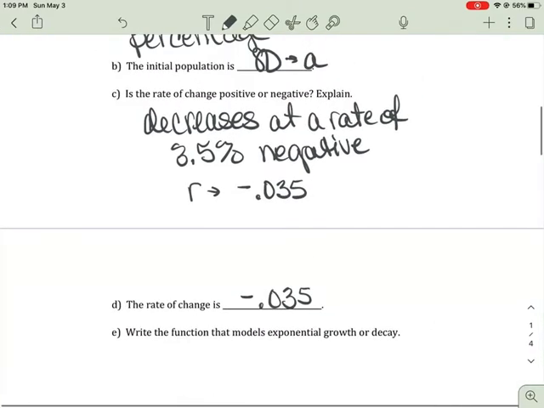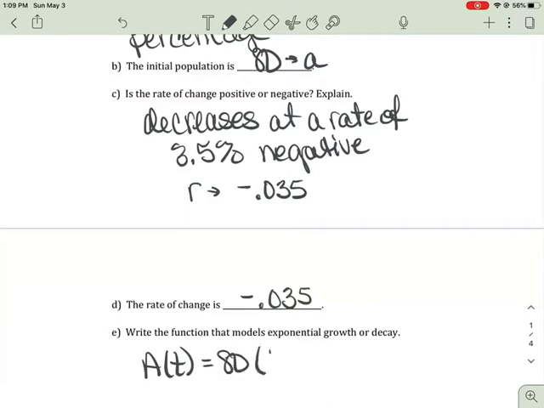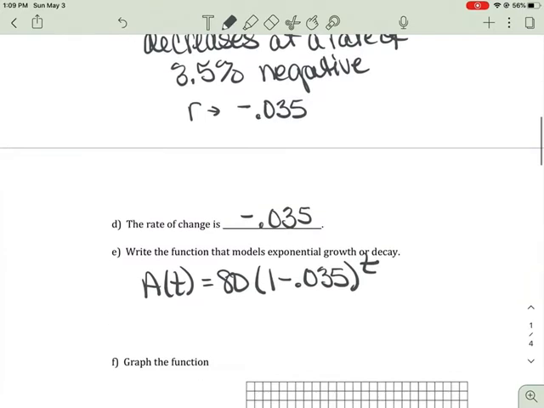So we're going to write our model that represents this particular problem, which is going to be a decay problem because our rate is negative. Our amount after time equals our initial amount, which is 80, times 1 minus 0.035 to the t, because we don't know our time yet. So this is 80 times 1 minus 0.035, which is 0.965.